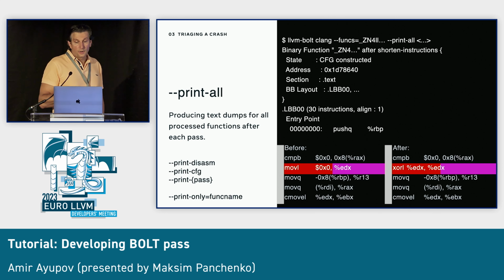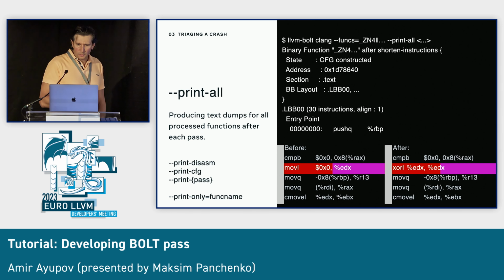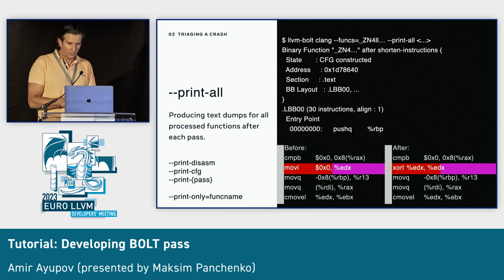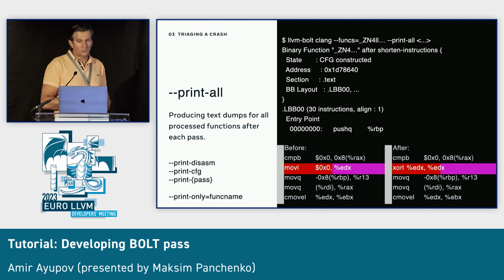So XOR, unlike move, actually modifies the x86 EFLAGS register. And this is something that we should have expected, but we were in a hurry doing this quick tutorial. So the test failed, and we hadn't thought about it. So what are we going to do?